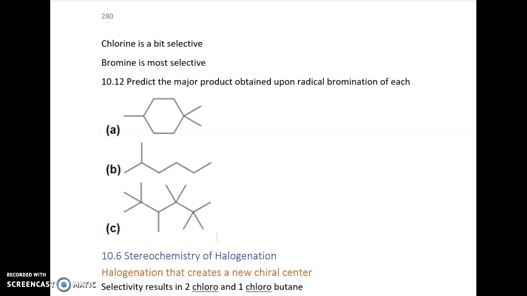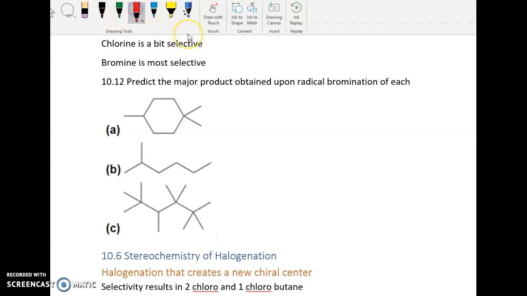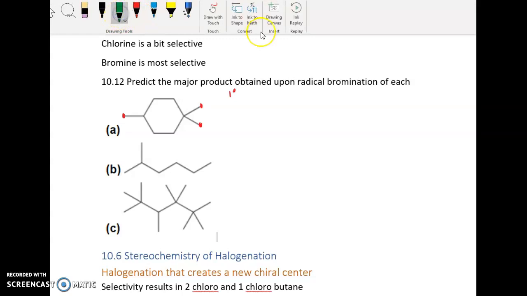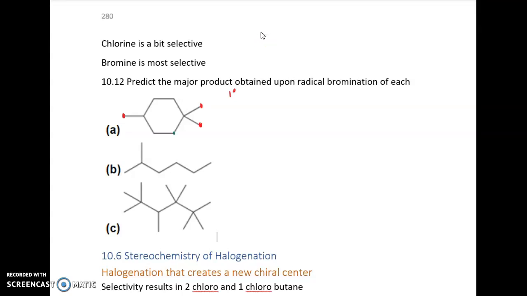All right, so let's start off here. If we put a radical here, or here, or here, it will be primary. Now that's not going to be good. We can't do that. If we put a radical here, or here, here, or here, it's going to be secondary. And there is no hydrogen to abstract there. So that's a no-go.